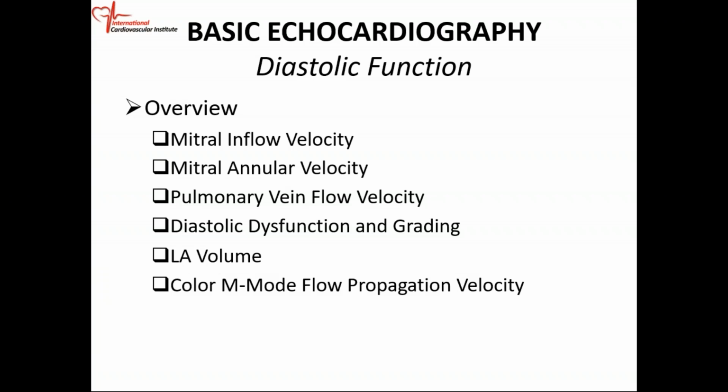Then the atrium contracts to give rise to your A velocity. When the heart contracts, the base moves up towards the apex, and in diastole, when the heart relaxes, the base moves away from the apex. The base moves down.